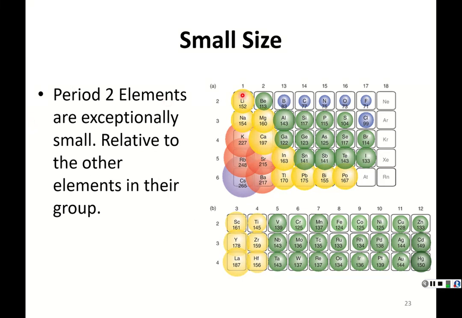Now, if we look at the reasoning here, in terms of size, these second row elements are all much smaller, especially when you get into the nonmetals. They're much smaller than the rest of the elements in their group.